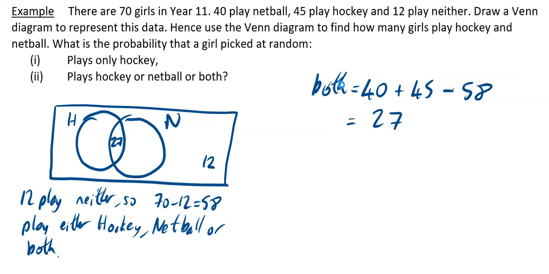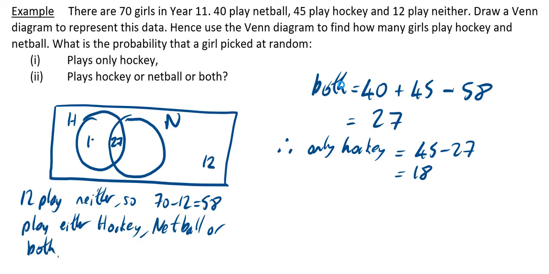How can we calculate the rest? Let's say only hockey. This is part one. Only hockey is going to be equal to your total for hockey, which was 45, take away 27. 45 take away 20 would be 25, take away another 7 would be 18.